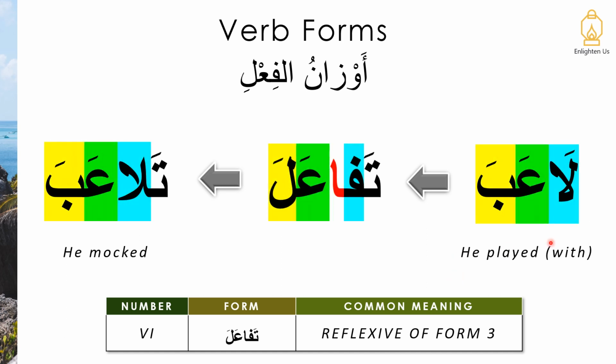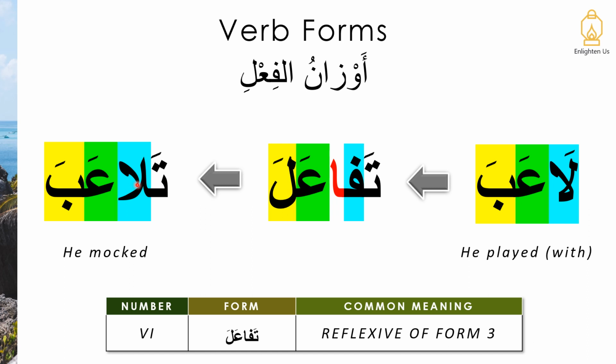Well, we started off with la'aba. Here, our lam without the alif corresponds to the fa, the ain corresponds to the ain, and the ba corresponds to the lam. We have the additional ta, so that's the first thing that we do.